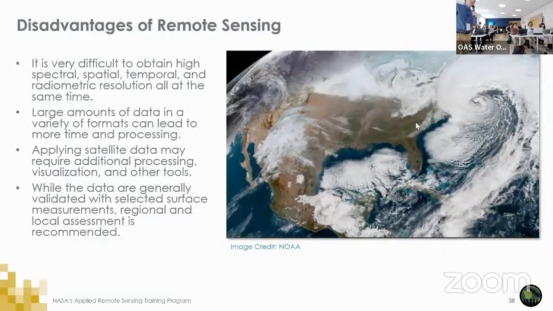Another is there's a large amount of data in a variety of formats. And a problem even 10 years ago, definitely 20 years ago, definitely 30 years ago, was that we didn't have enough data. Even NASA was charging people to use the data.